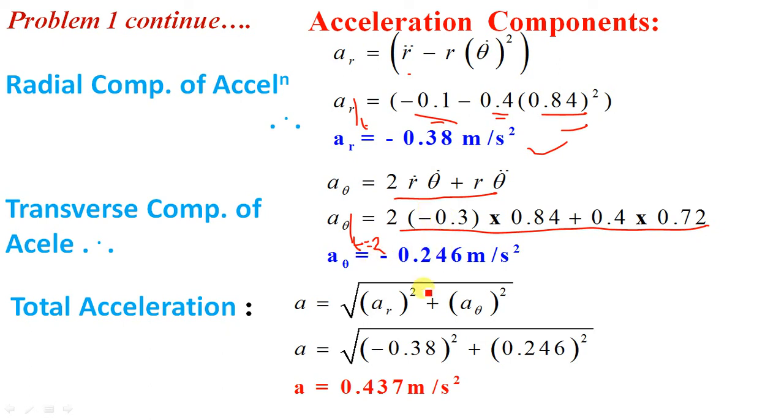So you will get the value of A theta as minus 0.246 meter per second square. Now AR is known, A theta is known, substitute these values in this formula, so you will get the value of acceleration. Okay, so quite simple problem. You have to just remember the formulas and substitute the values.